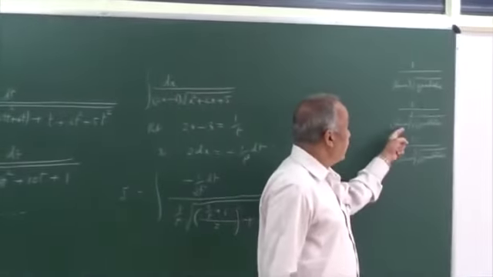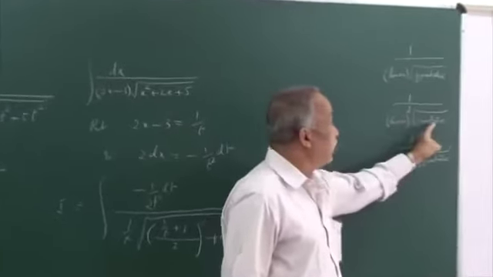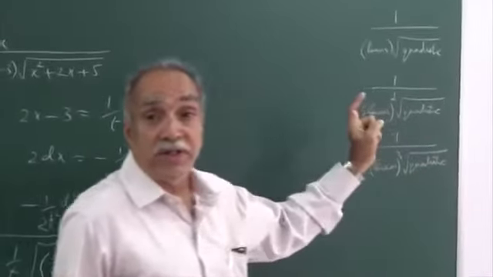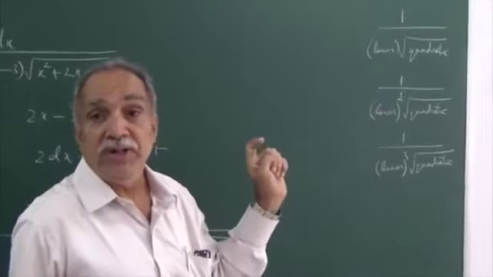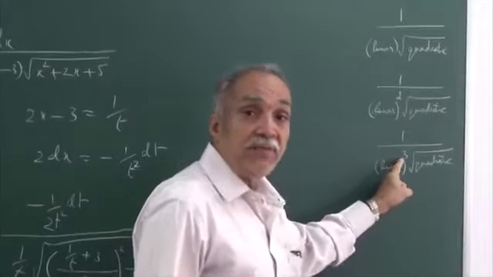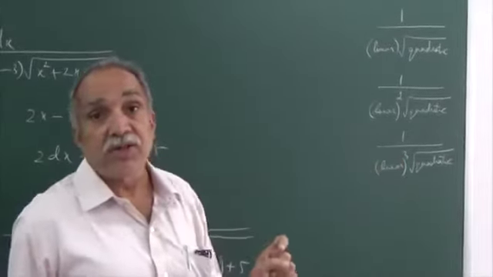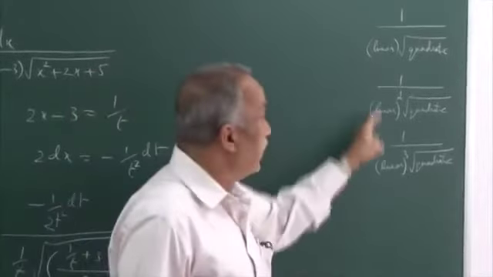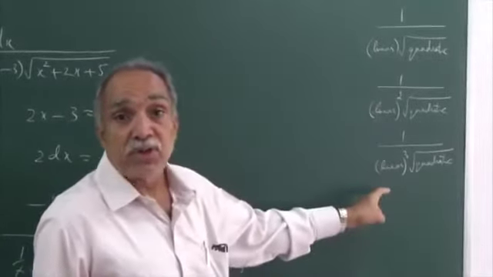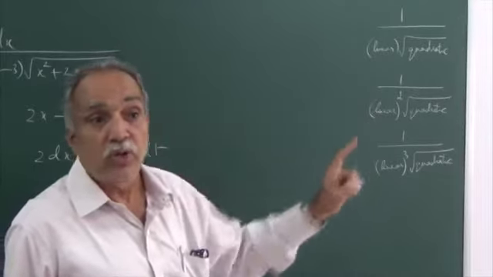My next example, which has a power of a linear outside a root of quadratic in the denominator, also is solvable by the same method. Even when the index is 3 for the linear factor outside, the problem is solvable by a similar substitution. All the 3 cases come under the same substitution type, the substitution linear equal to 1 by t.